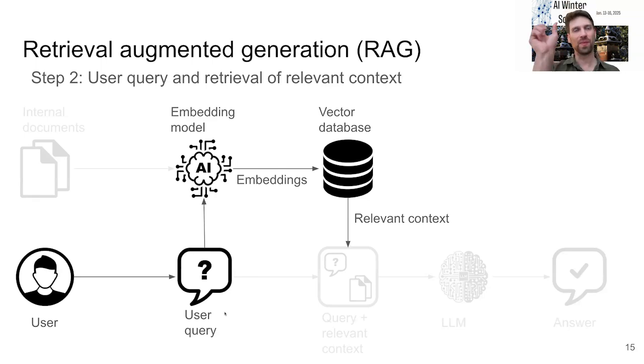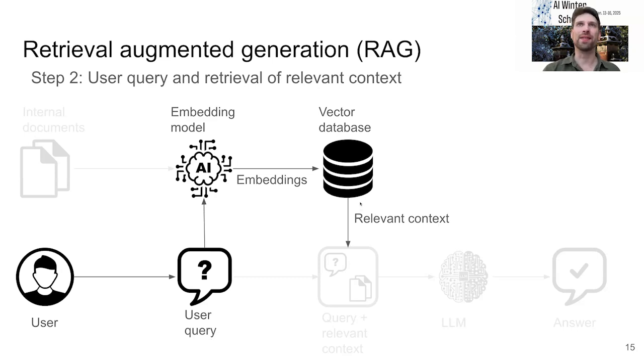So your query gets turned into a vector of numbers, and it is compared against all of the vectors in your vector database from your internal documents. And the RAG system finds the chunks from your internal documents that are most similar to your query. So what that means is, let's find the chunks from our internal documents that are most relevant, based on similar content to our input user query.